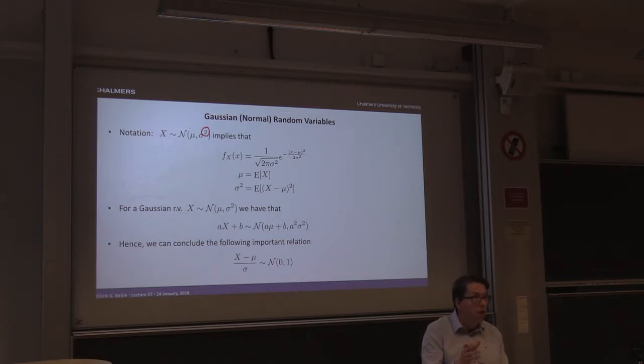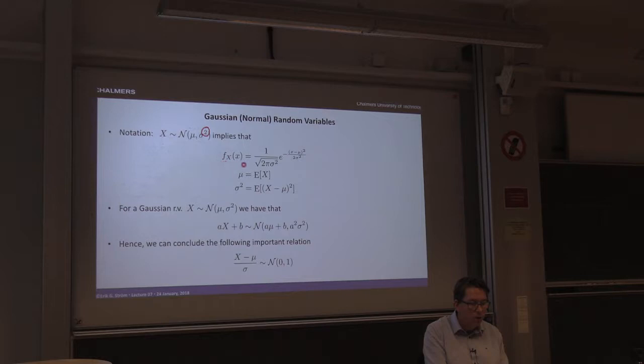We're not going to use that in this course, but if you look in other books, you might see this. So mu here is simply the expected value of x, and sigma squared is the variance. Remember that the variance is the expected value of x minus its mean, squared.